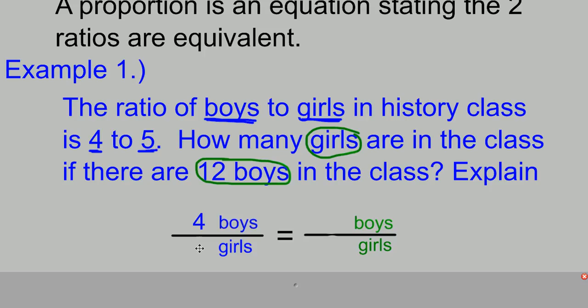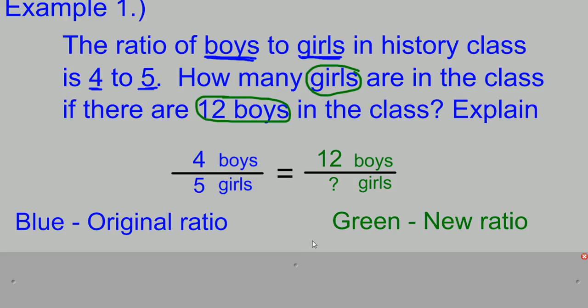We have the ratio of 4 boys to 5 girls. That is my original ratio, and I'm trying to find out how many girls there will be when there are 12 boys. So notice how writing the words on the line with the ratio helps me to determine what numbers I'm putting on each line.